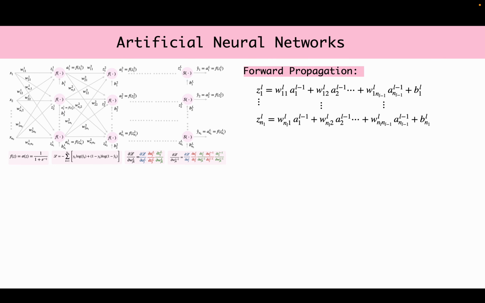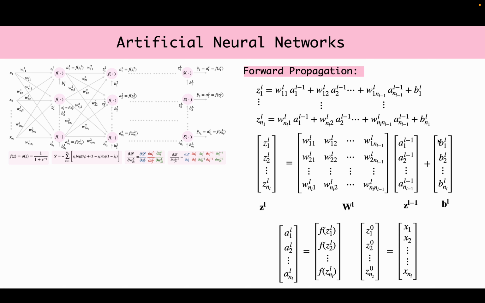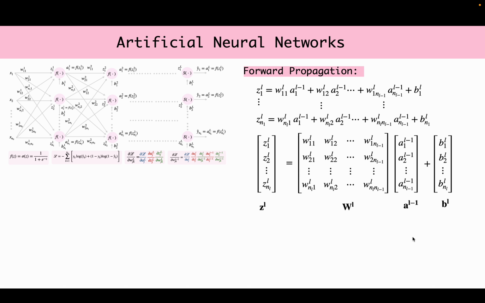These are the pre-activations, and once we represent them in the form of a matrix, this is what we get. ZL is the pre-activations of the Lth layer, WL are the weights of the Lth layer, and AL minus 1 are the post-activations of the previous layer, and BL are the biases of the Lth layer.